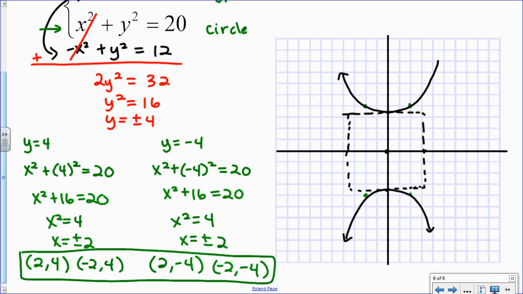And then my circle, radius of square root of 20. So it's between 4 and 5. This is just a sketch so you can see what it looks like. Okay. So then these are my points of intersection. So this is just to show you how you would get 4 points of intersection if you graphed a hyperbola and a circle.